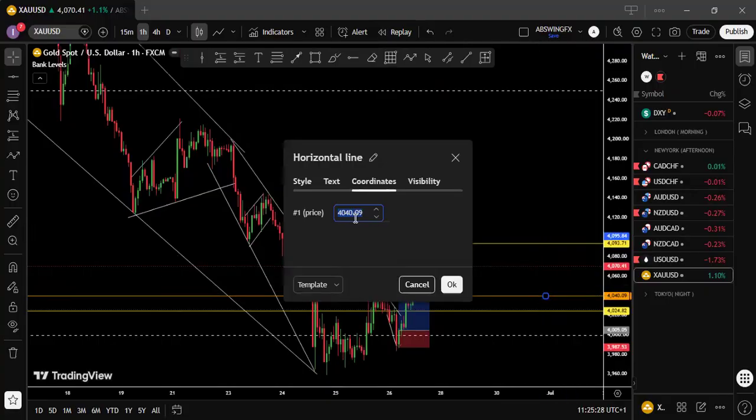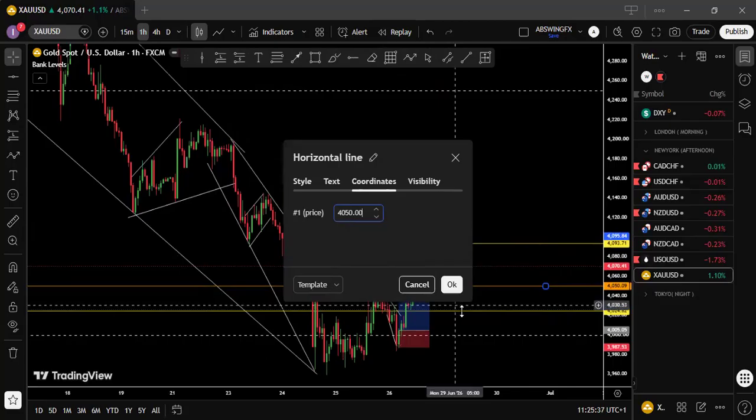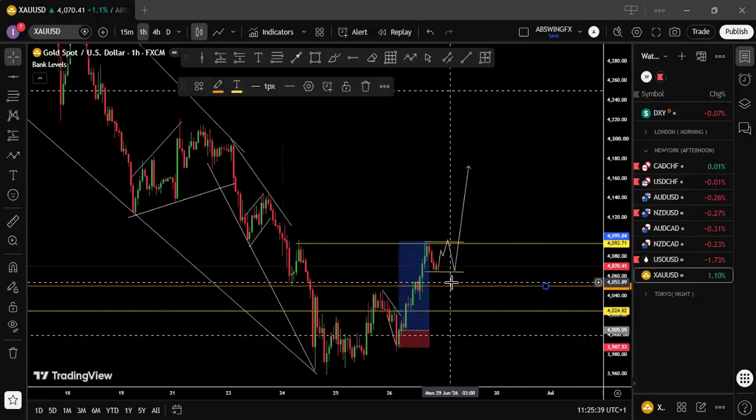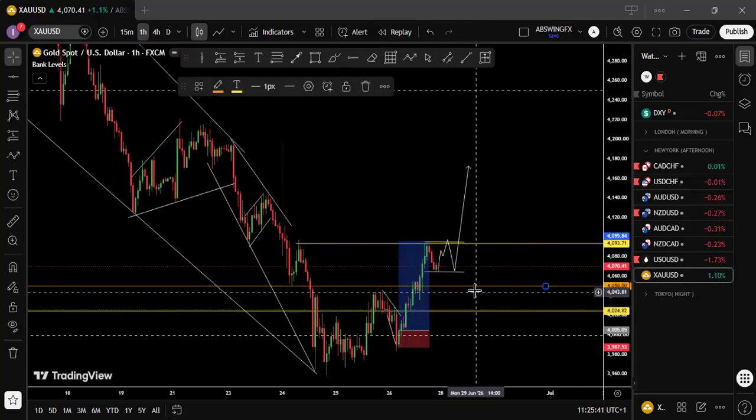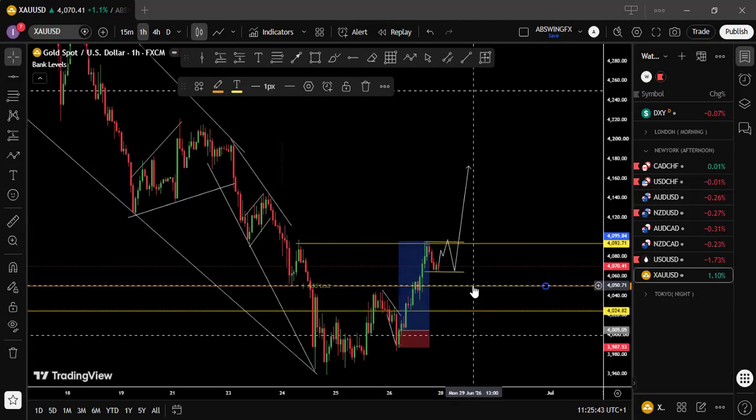We are going to use 40, 50, because that's the 50 psychological level line. Good. So when it is like this, to me, if I want to take any trades on gold, 50 to 100, and it is currently around 95.